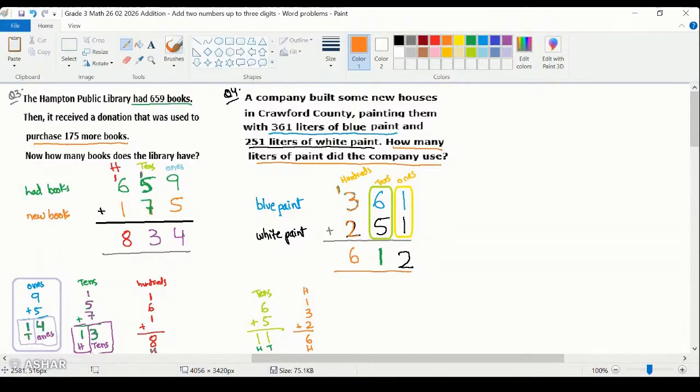Okay. So the total number, how many liters of the paint did the company use? They used 612 liters of paint. Agreed?